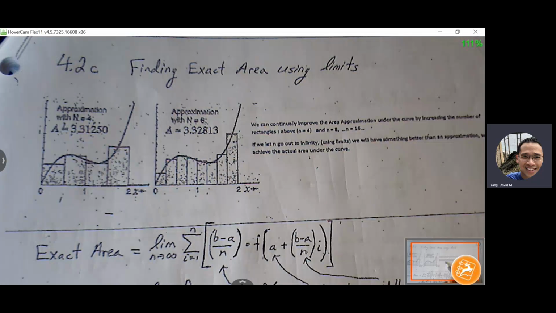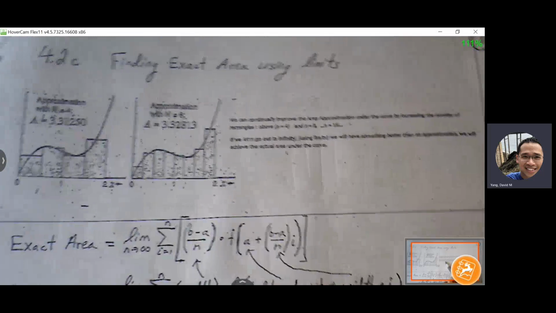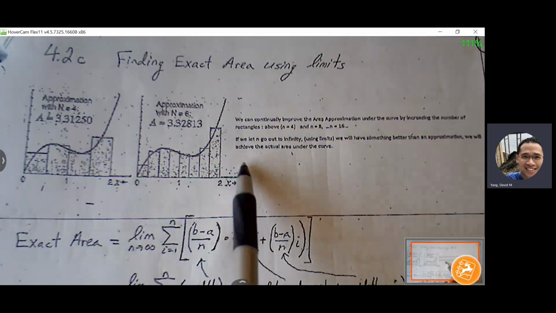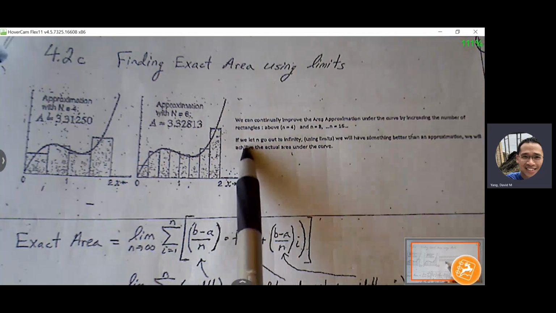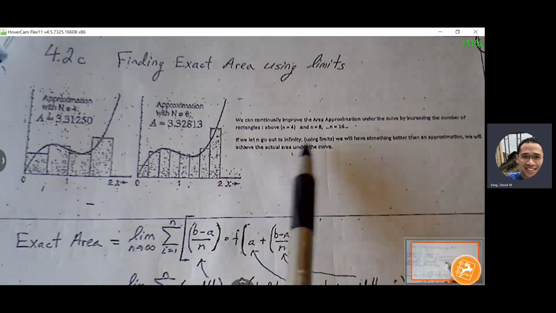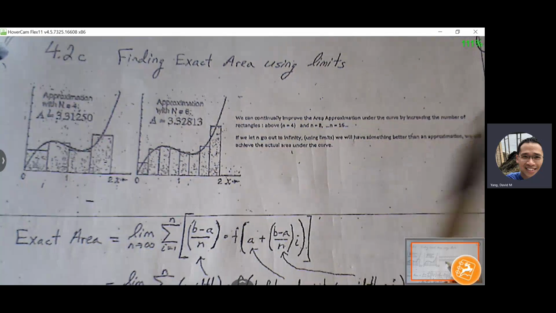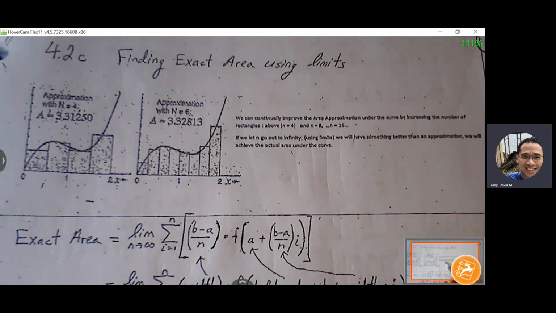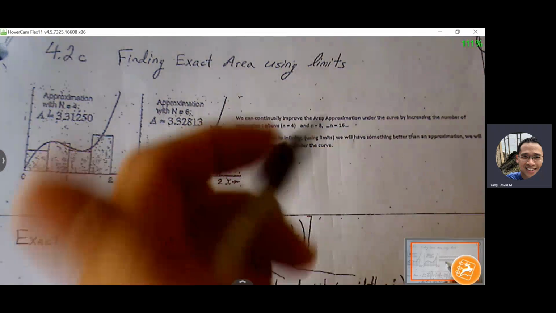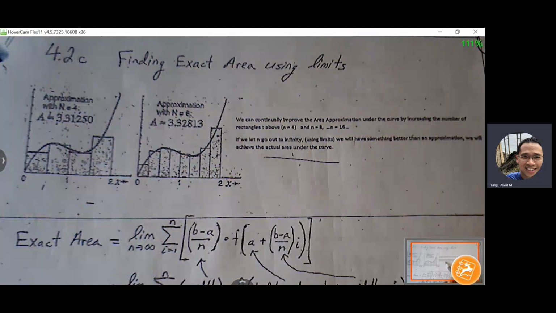So what if we have an infinite number of rectangles? If we let n go out to infinity, we should be able to do something better than approximation. It should help us approach the actual area under the curve.